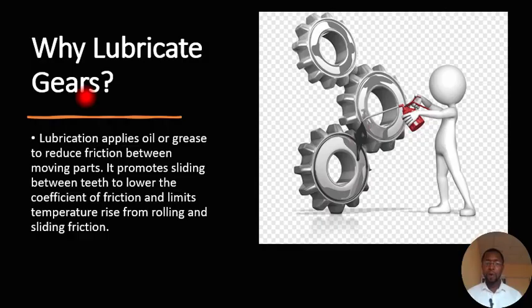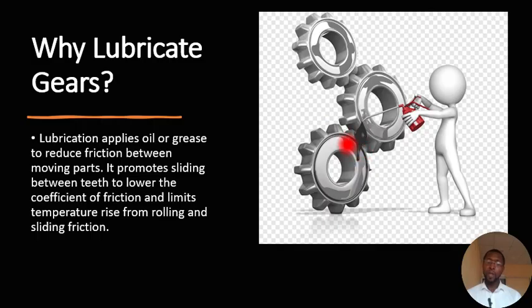So I will say that there is a need for us to lubricate gears. Lubrication simply means applying oil or grease to reduce friction. As the teeth of the gears mesh with each other, there is likelihood that it might stop one from moving.